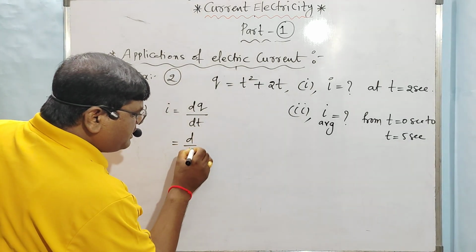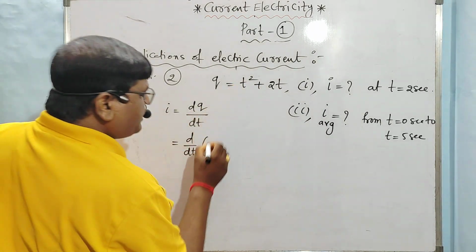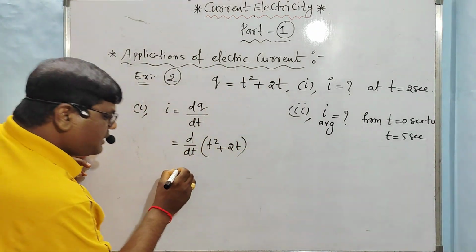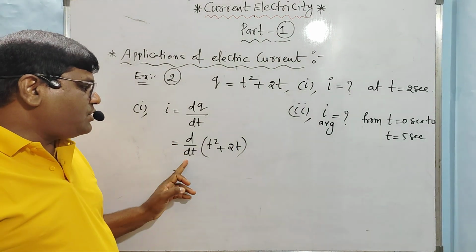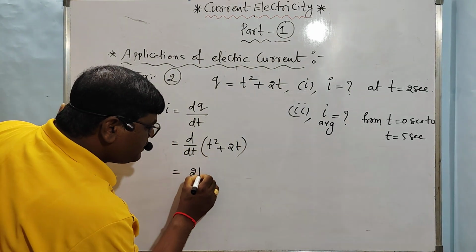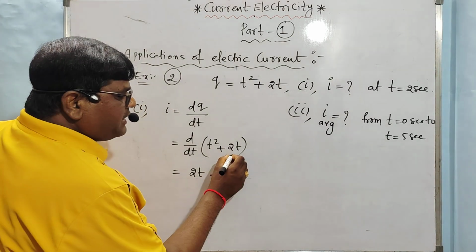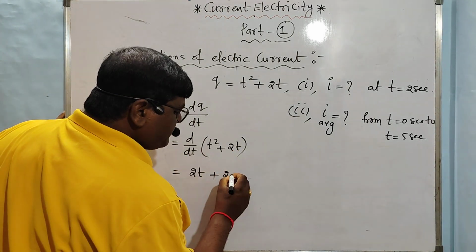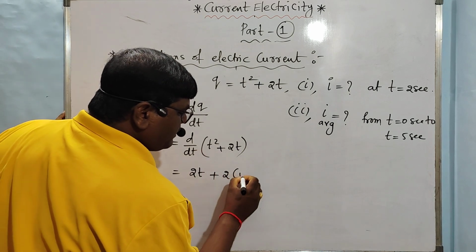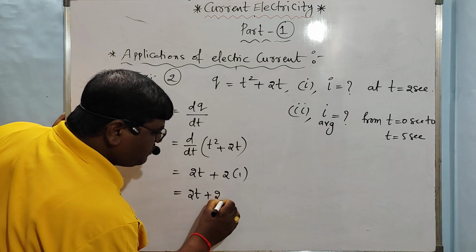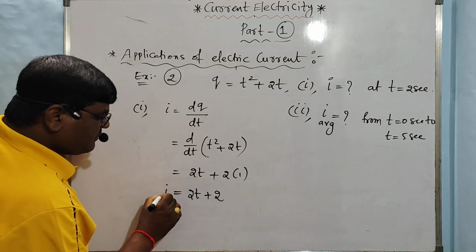So d by dt of t square plus 2t is equal to 2t, from the differentiation of t square, plus 2, since the differentiation of t with respect to t is 1. That is equal to 2t plus 2, the current.